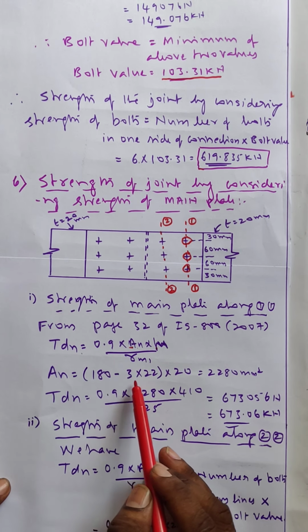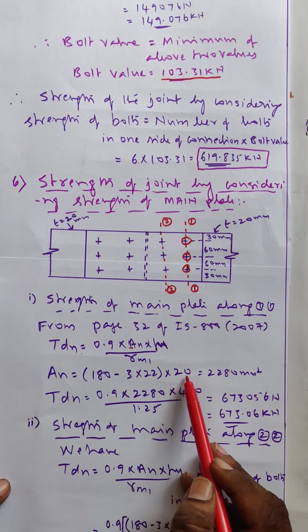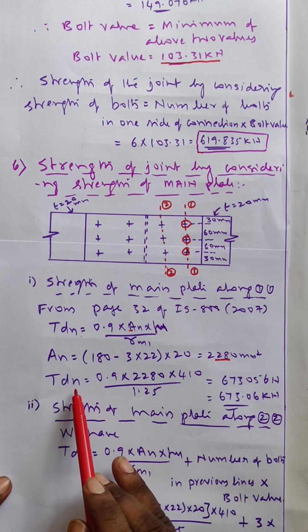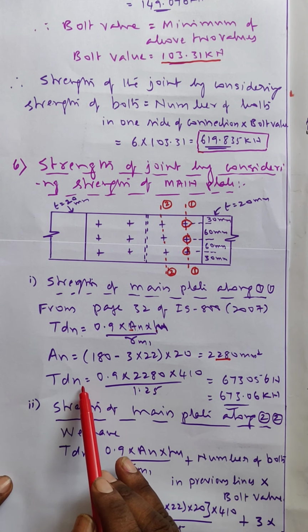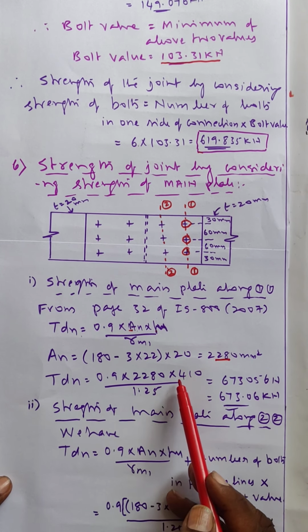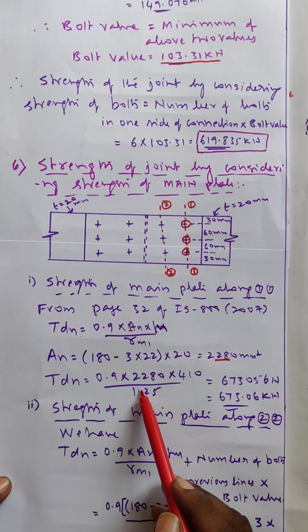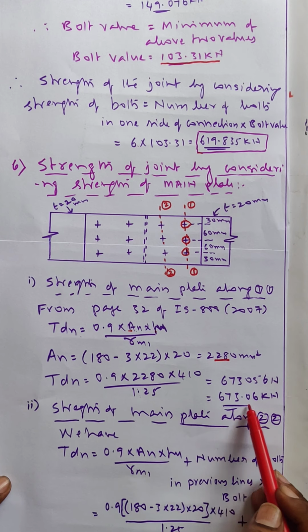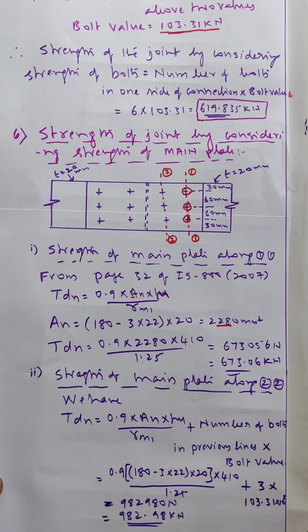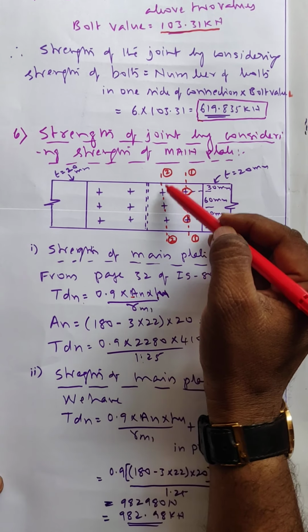Therefore, it comes 180 minus 3 into 22 into 20. We are getting this much area. Therefore, we can calculate Tdn, the tensile strength of the main plate. Tdn equals 0.9 into An, 2280, into fu, 410 for the plates, divided by 1.25. We got 673.06 kilonewton.